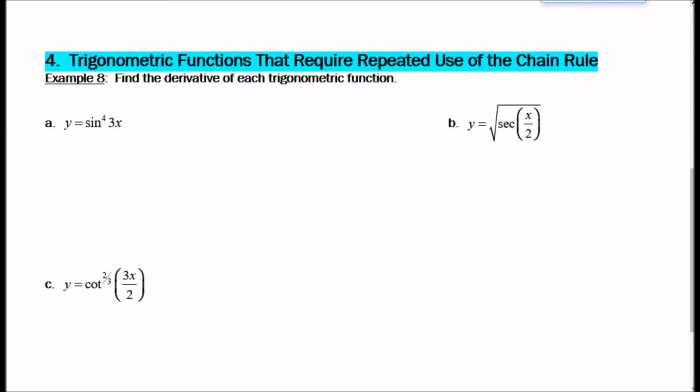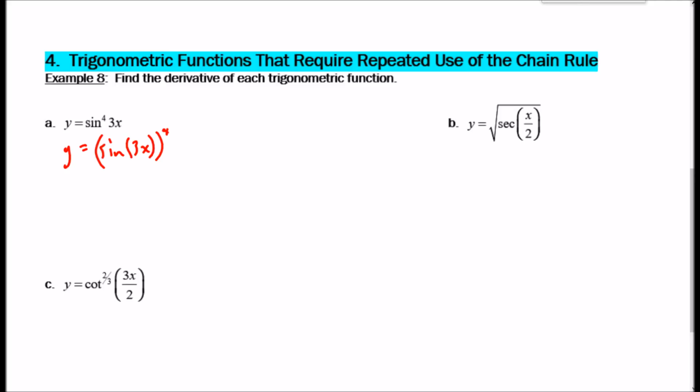Now in example 8, we want to stay with the routine of putting our parentheses into the problems. So for A, we want to rewrite it as the sine of 3x raised to the 4th power. But the problem here is that we don't have parentheses around the 3x like we had in the other problem.